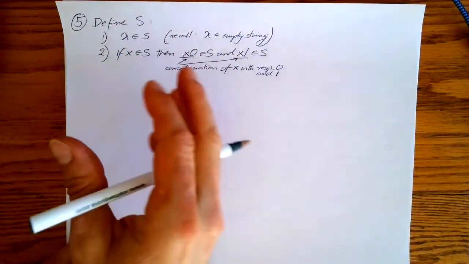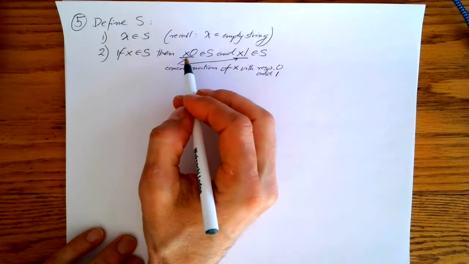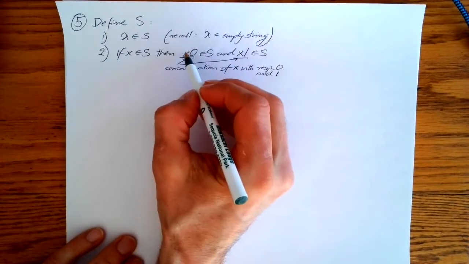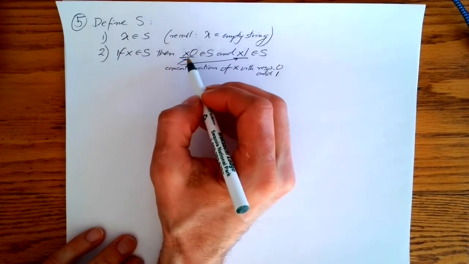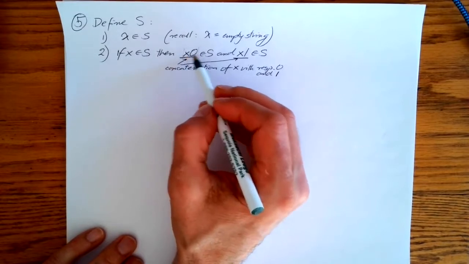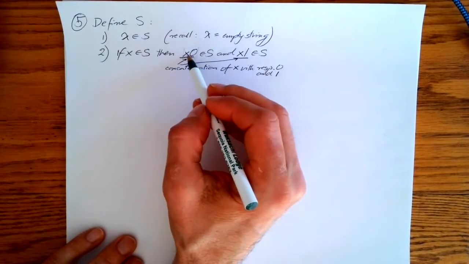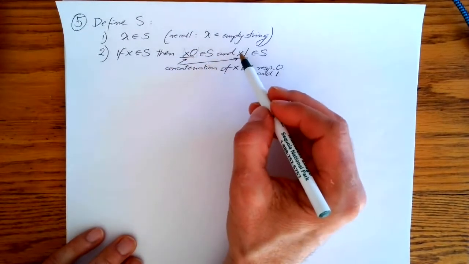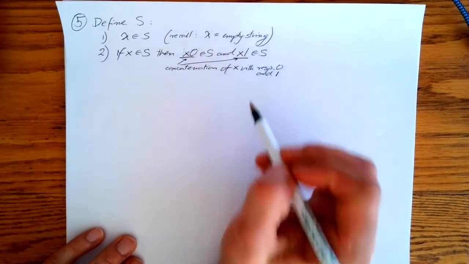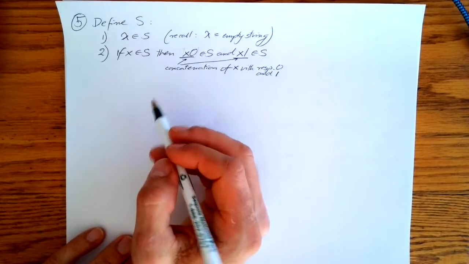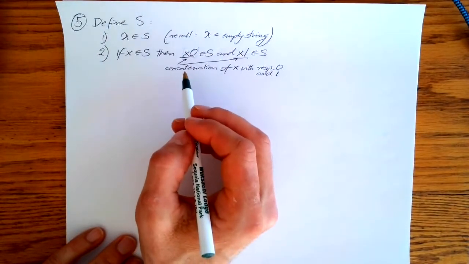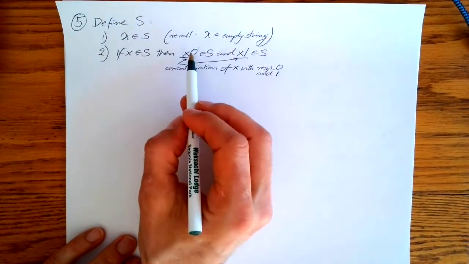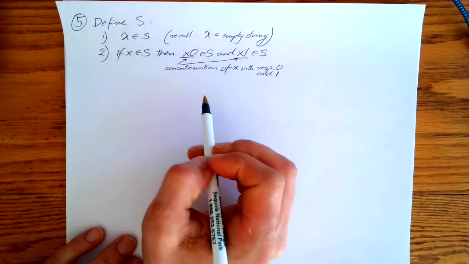On the test and so forth, we will try to disambiguate, right? But if you see something like this, you should know that it's a concatenation of strings. This is not a multiplication of x with a 0, or of x with a 1. Yes, these are not interesting operations. But string concatenation is.